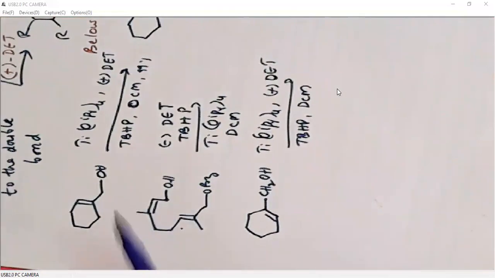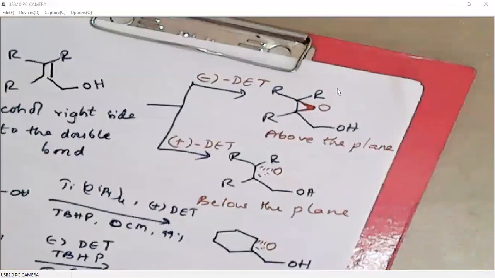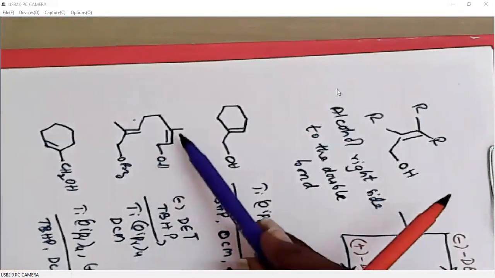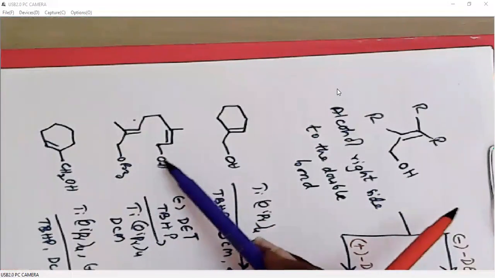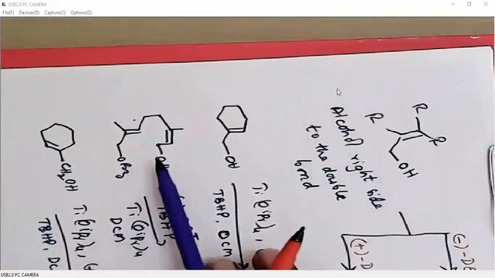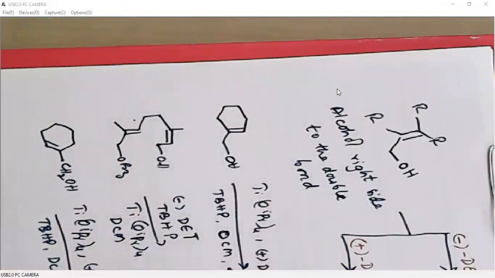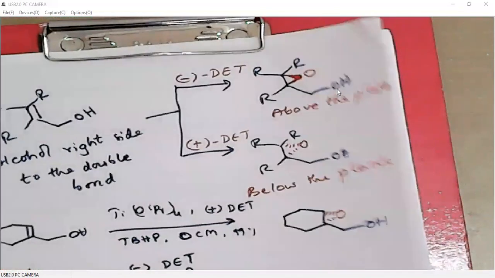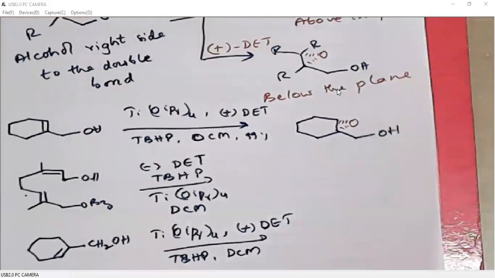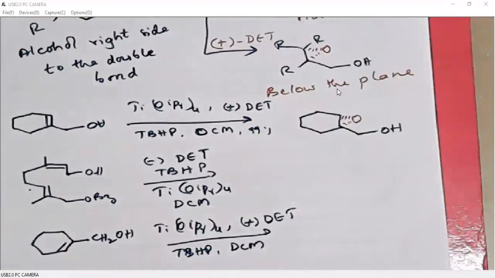It's not like that. The alcohol should be below. So you turn it like this, so that the double bond becomes vertical, then the alcohol will be below. So whether it is left side or right side, we can easily predict. Since the alcohol is on the left side and we are using minus DET, if it were on the right side, minus DET would give above the plane. Since it is on the left side, minus DET will give below the plane. So I'm not going to write the products.